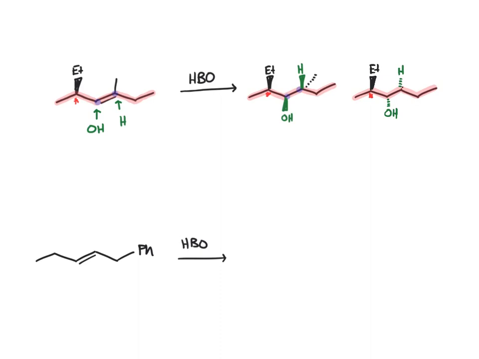That means the methyl group on this carbon will be out. So now we've actually formed two new chiral centers in the product. We have one chiral center that stays the same. The other two are inverted. These represent a pair of diastereomers.